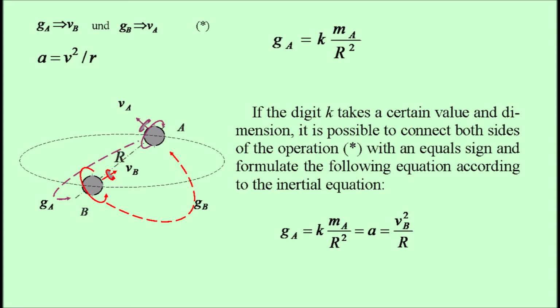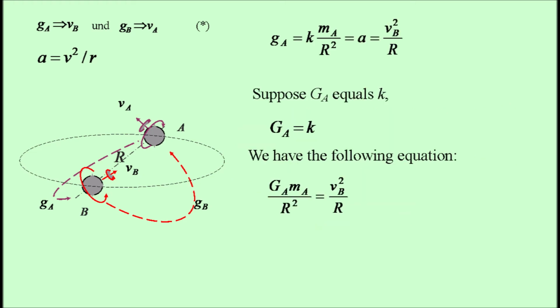If the coefficient K takes a certain value and dimension, it is possible to connect both sides of the operation with an equal sign and formulate the following equation according to the inertial equation. Suppose Ga equals K. We have the following equation.